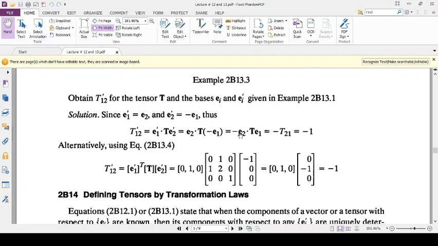We can take the minus out: e2 dot T e1. So this is a minus T21. So what is T21? T21 is given in 2b13.1, that is plus 1. So T12 dash equals minus 1.